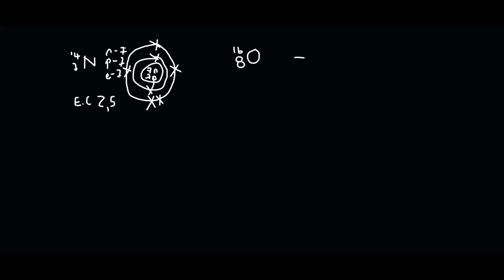Alright, so oxygen comes after nitrogen, right? Yes, sir. Alright, how many N, how many P? 8. Good, so 8 N. And how many protons? 8. Good.